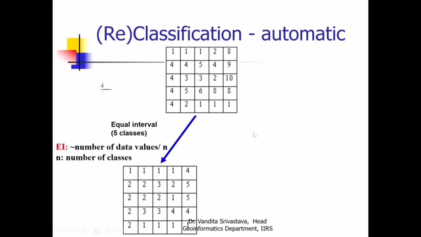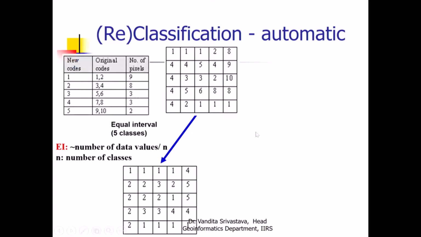Now equal frequency classification. So this is the output assignment table, the original classes, and the number of pixels in each output class is not equal. You see the last class has got only 2 pixels. These have 3, these have 9. The first new class has got 9 pixels.